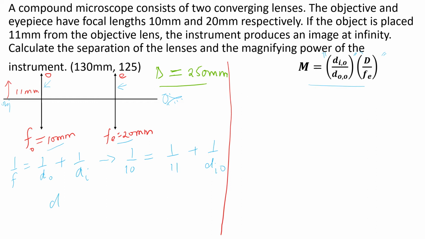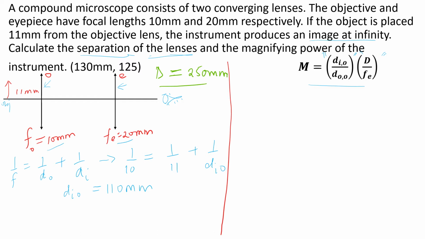So D of the image for the objective is going to give us 110 millimeters.